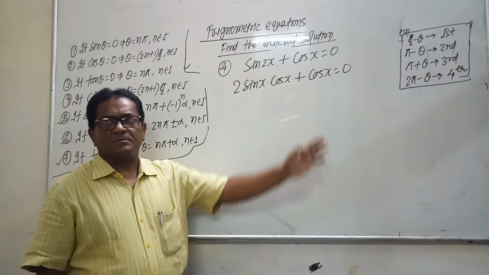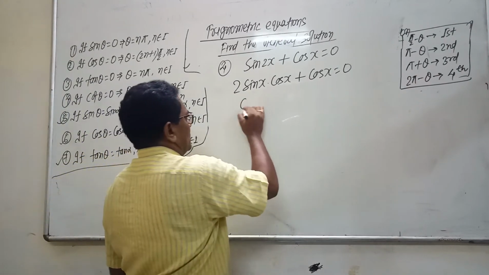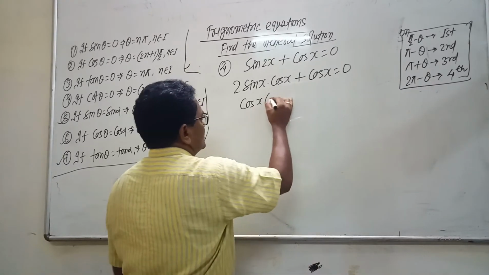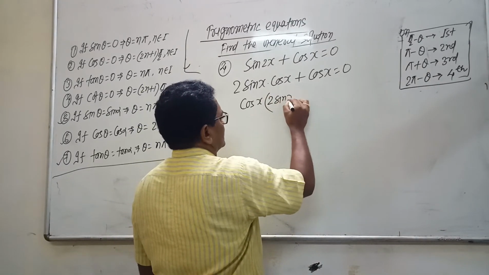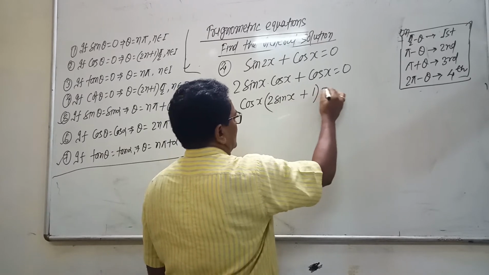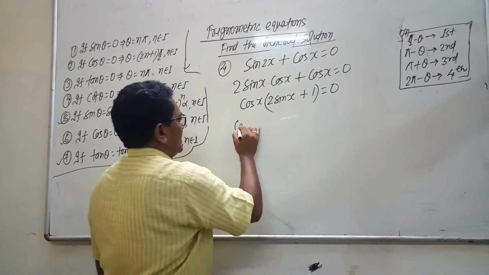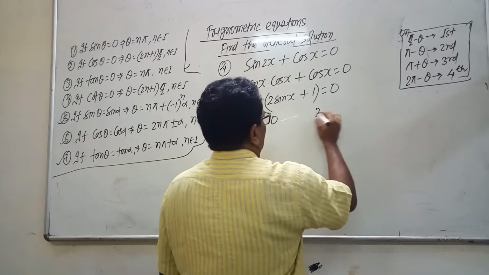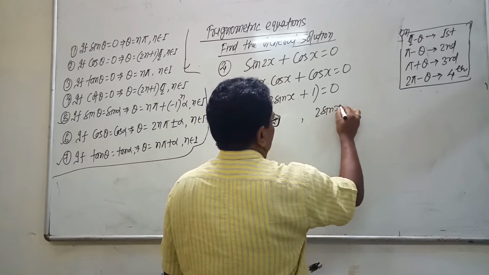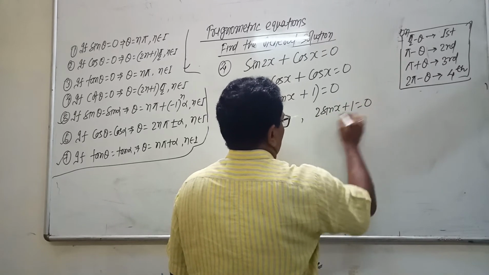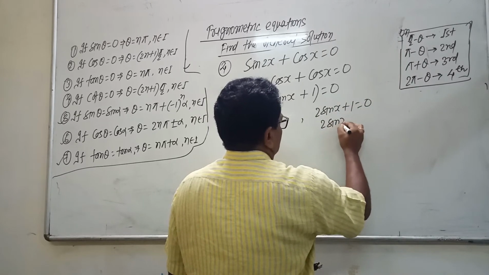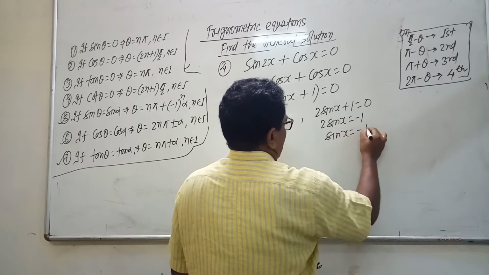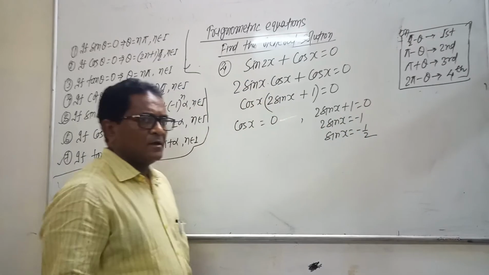From these two terms, cos x is common. So by taking cos x common, it remains 2 sin x plus 1 equals 0. So here we get either cos x equals 0 or 2 sin x plus 1 equals 0, so 2 sin x equals minus 1 and sin x equals minus 1 by 2.